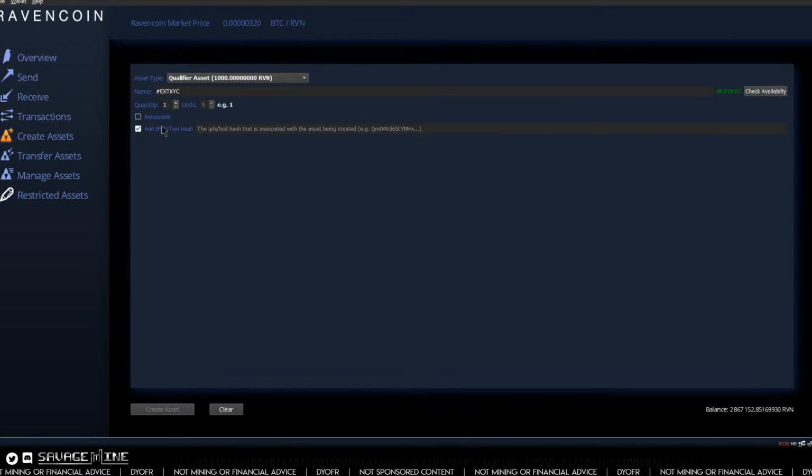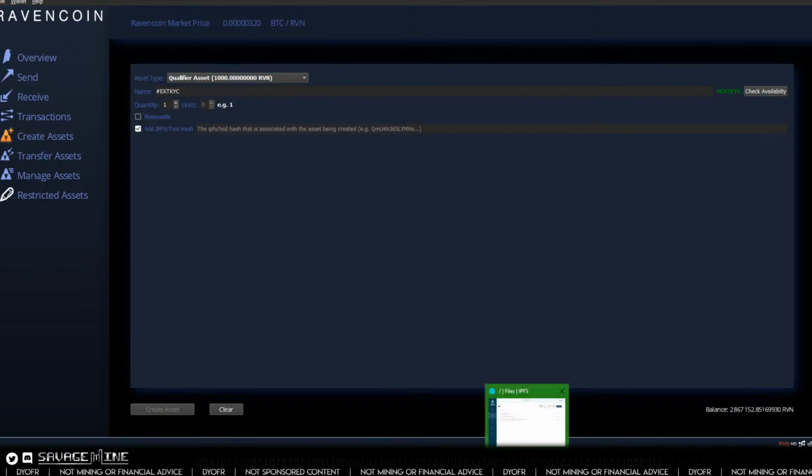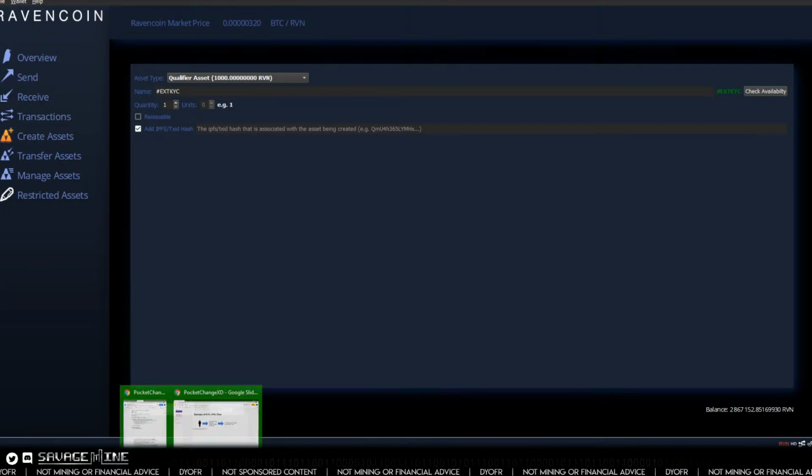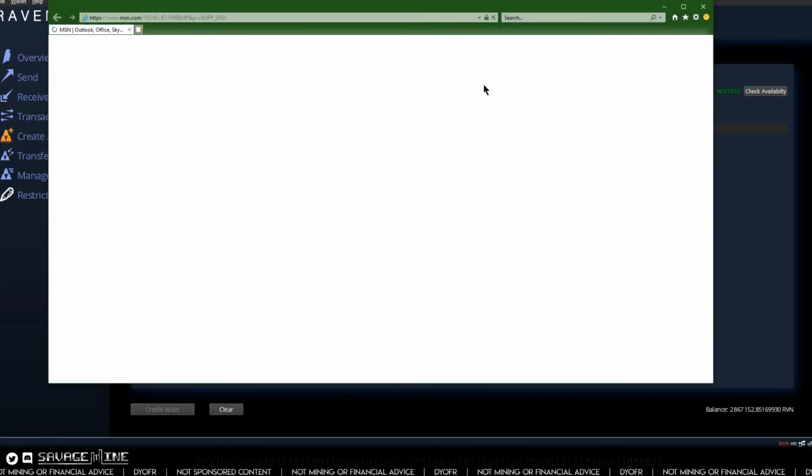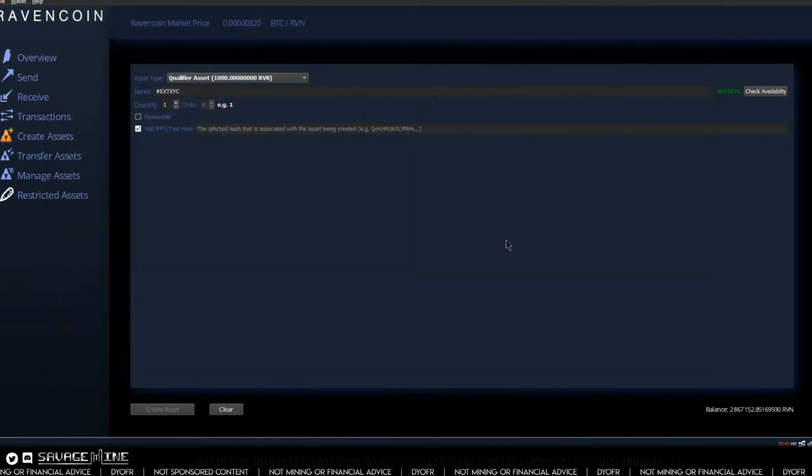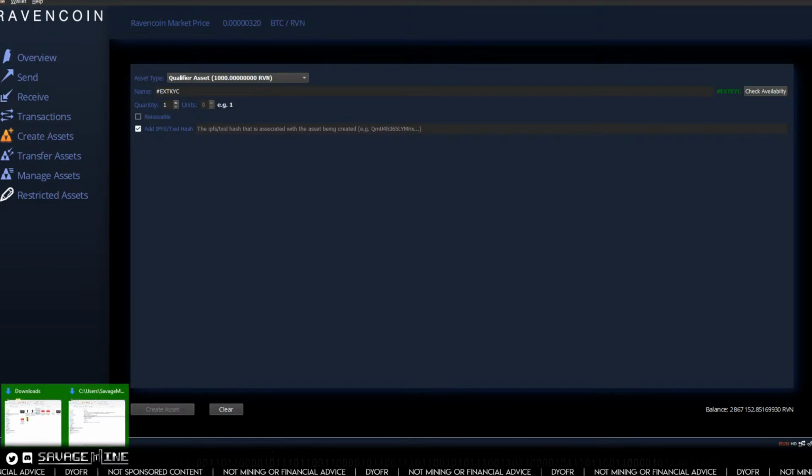If someone's looking at this on the Ravencoin network, they can look at the IPFS data, or the file, and see what it's all about. You could make the document say whatever you wanted to, but in this case, I just made it, where did it go?